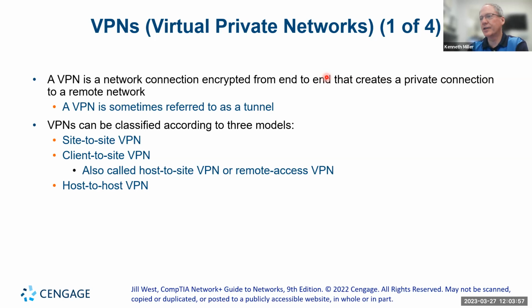Now, we can have different models. We can have a site-to-site VPN, where say we have an office here in Walnut and another office in, say, Tempe, Arizona, and we want all the data sent between those two sites to be secure. We would use a site-to-site VPN.